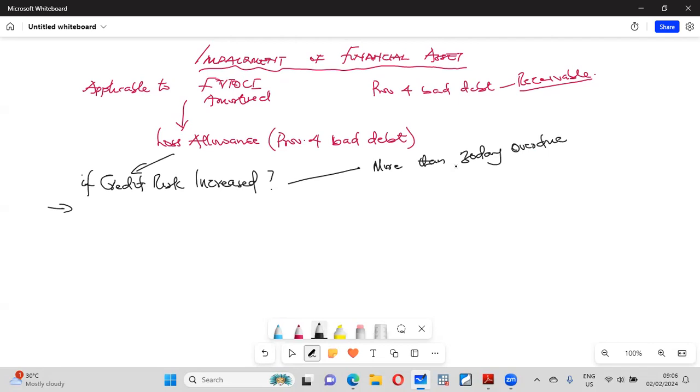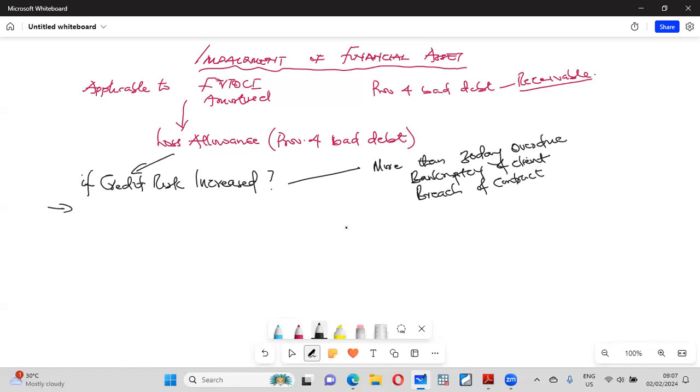Okay. Again, we all know that if your customer has gone bankrupt, so bankruptcy of client tells you that there is a possibility that you will not get your money. All right. If there is a breach of contract, then it means that there is going to be a problem.